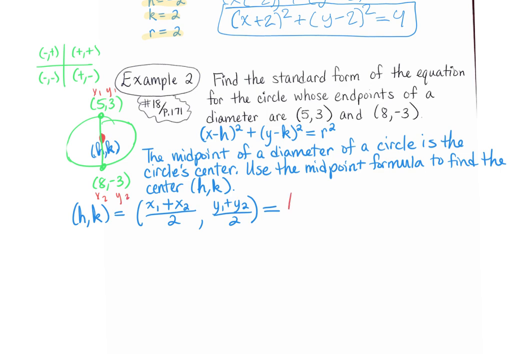So we're going to plug it in, and our equation will be (5 plus 8 over 2, comma 3 plus negative 3 over 2), and that'll give you (13 over 2, comma 0), in parentheses.